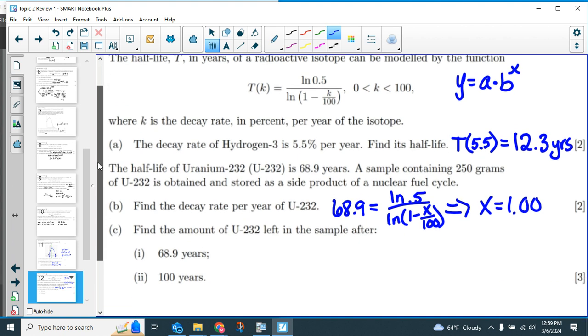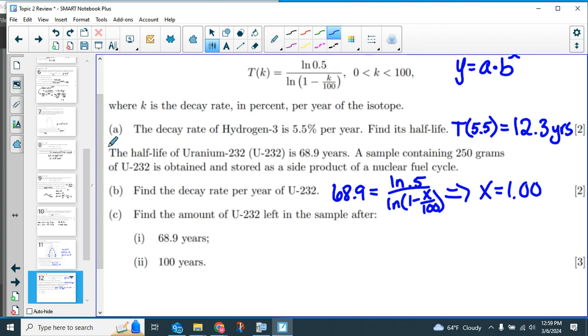Okay, now find the amount of U-232, so uranium-232, left in the sample after 68.9 years. Well, if the half-life is 68.9 years and we're waiting 68.9 years, how much of it should be left? What ratio of it should be left?